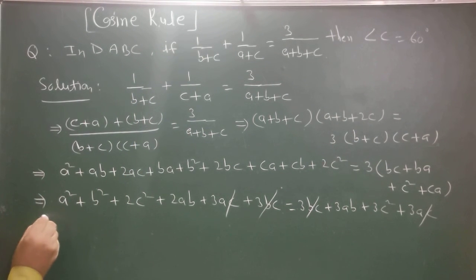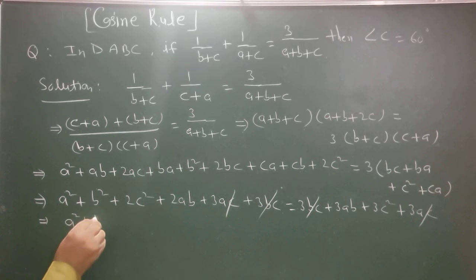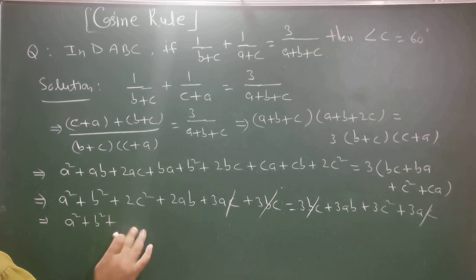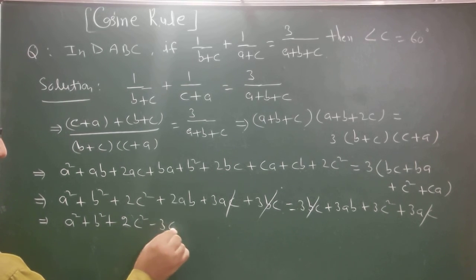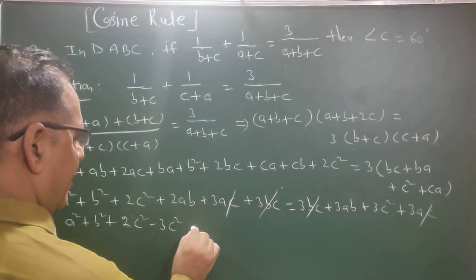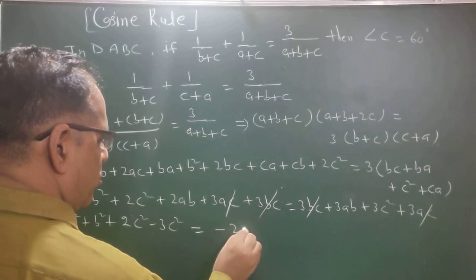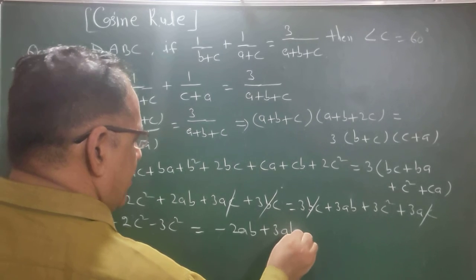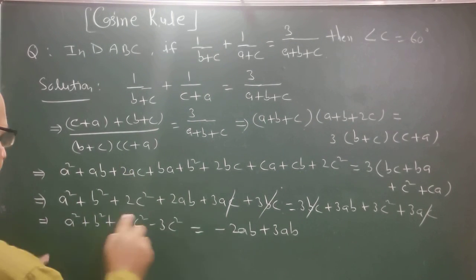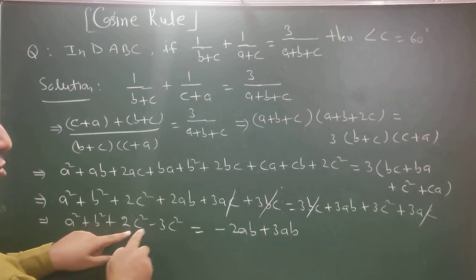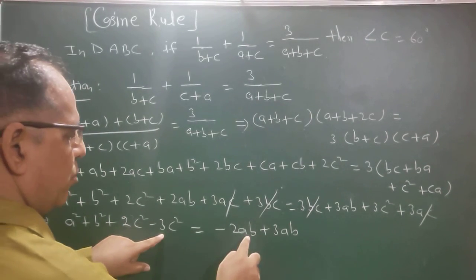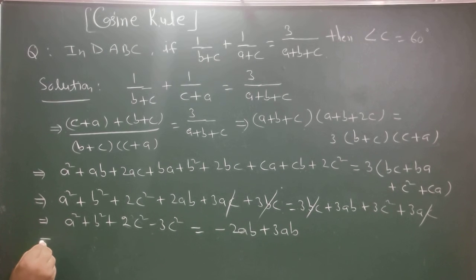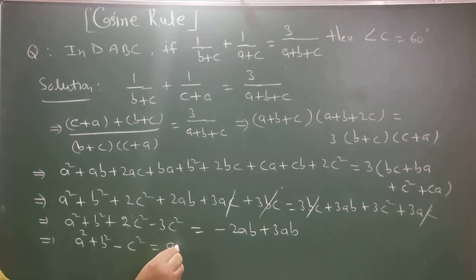Now in the next term we have a square plus b square plus 2c square minus 3c square is equal to minus 2ab plus 3ab. After simplification we have a square plus b square minus c square equal to ab.